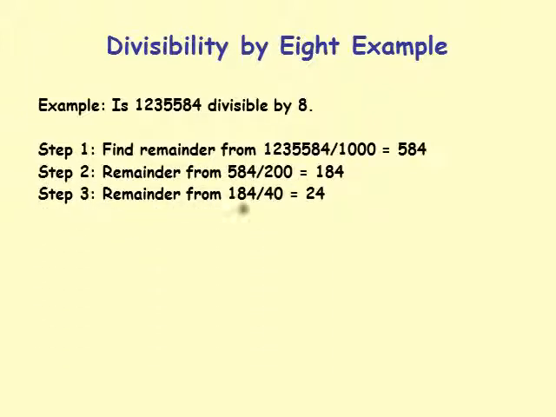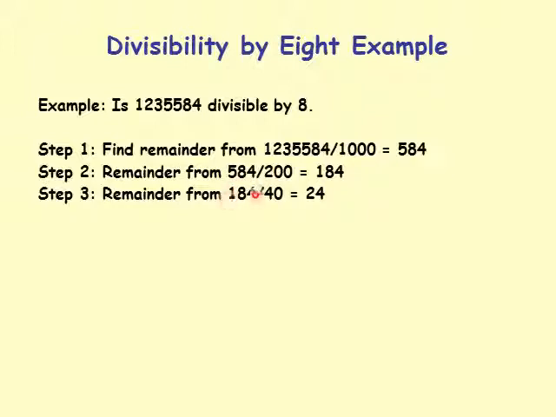Now we divide 584 by 200. The remainder is 184, or we subtract 200 twice from 584 and get 184 left.